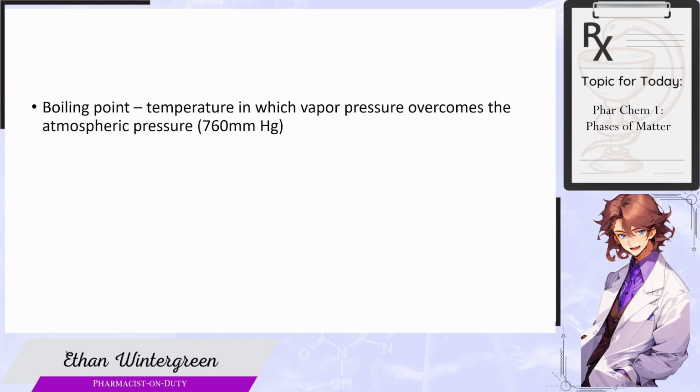At a certain point, the vapor pressure of the liquid surpasses the atmospheric pressure pushing down on the liquid, causing it to boil. For example, water turns into gas at 100 degrees Celsius. It means at 100 degrees Celsius, the vapor pressure of water is equal to 760 millimeters of mercury.